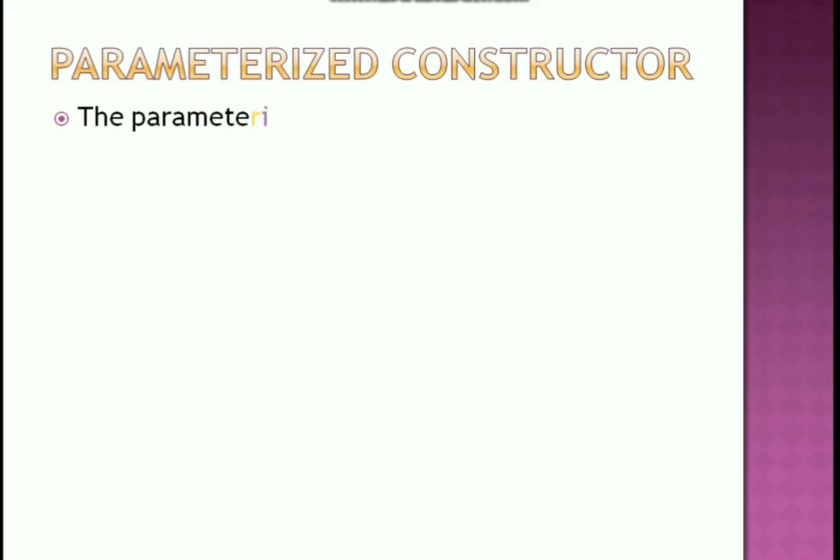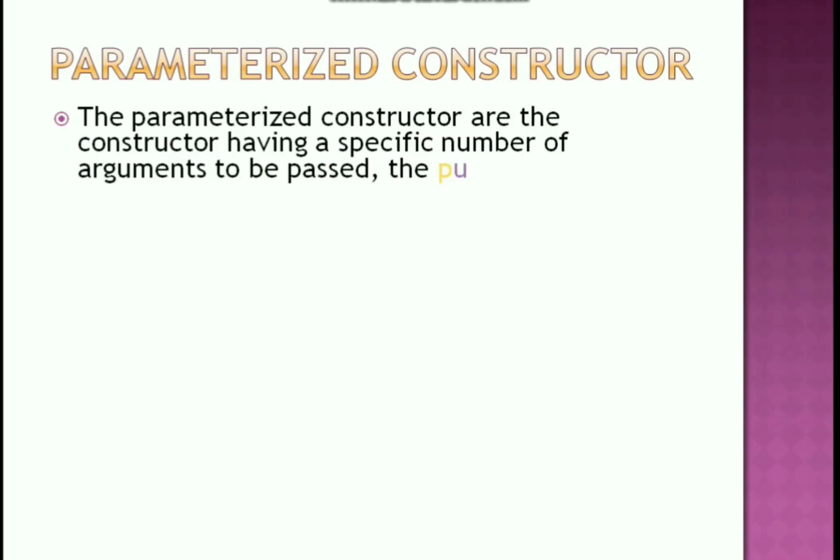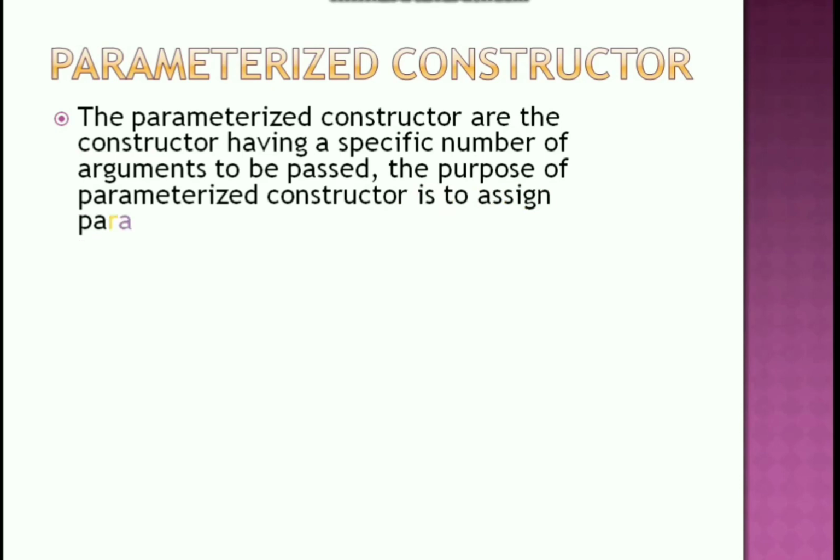The second one is the parameterized constructor. Parameterized constructors are constructors having a specific number of arguments to be passed. The purpose of a parameterized constructor is to assign the parameterized values to the data members of the class.